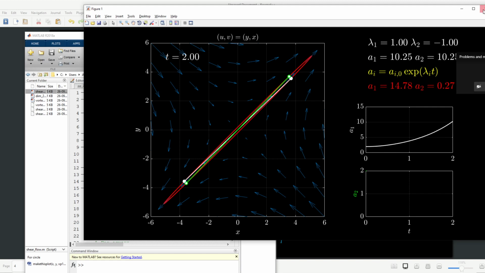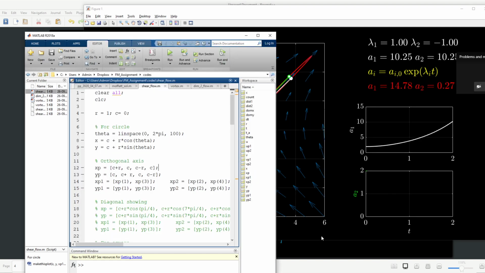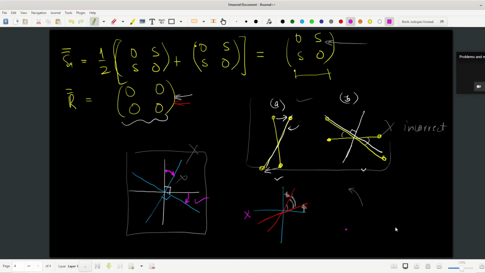But then the last part of the question is where the interesting part is. The last part of the question is they're asking us to diagonalize the strain rate tensor and find out the principal values. Okay, so let us go to our thing.